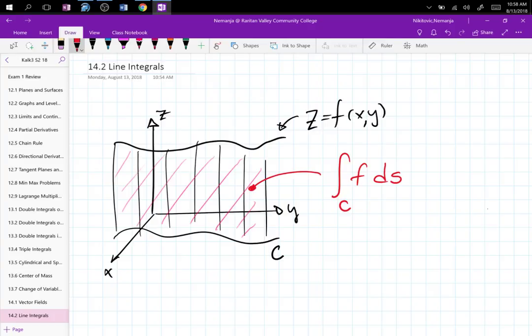And then you have the area of the curtain, which is the gray stuff. In my case over here, I shaded it red. And then you have the black line on the bottom, which is the curve C, and that's the curve over which we get to integrate. So we pick small parts on the curve C, and each little part of the curve C would be the arc length.